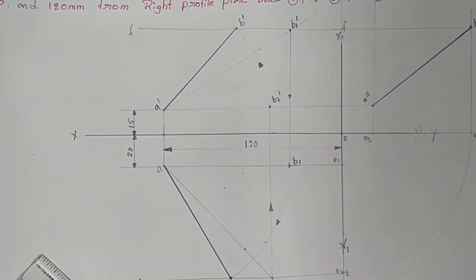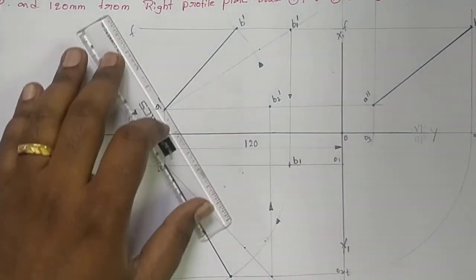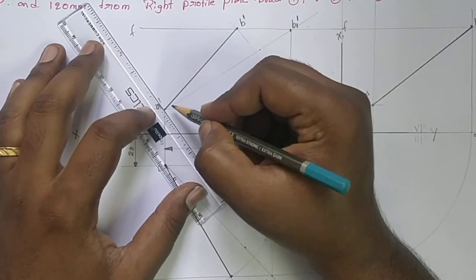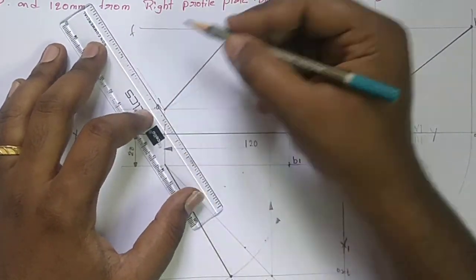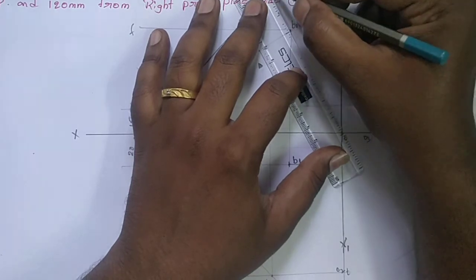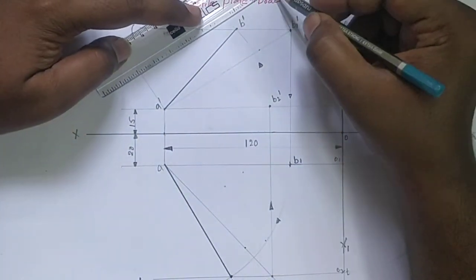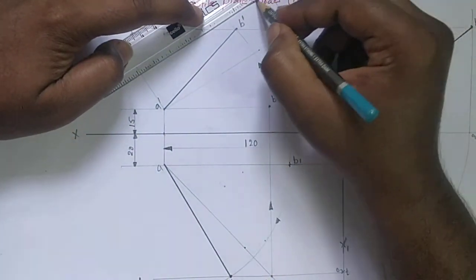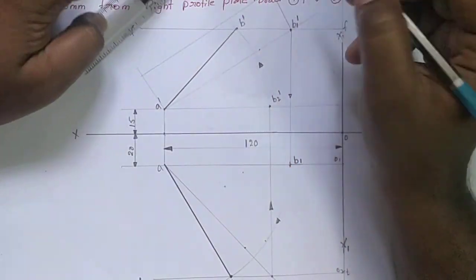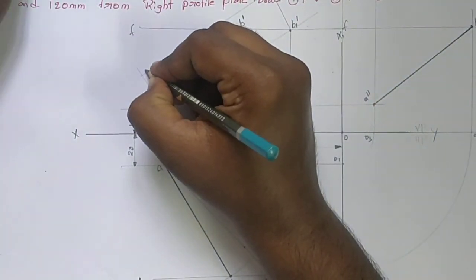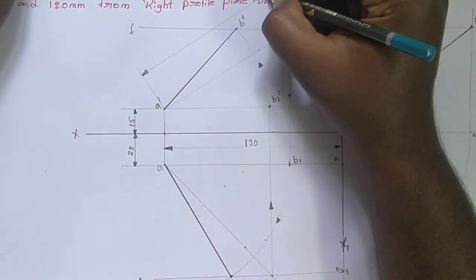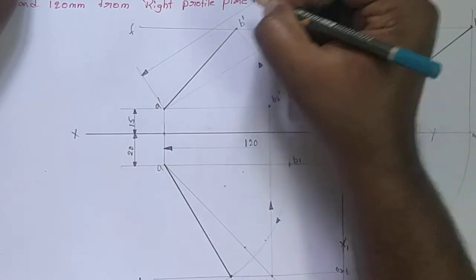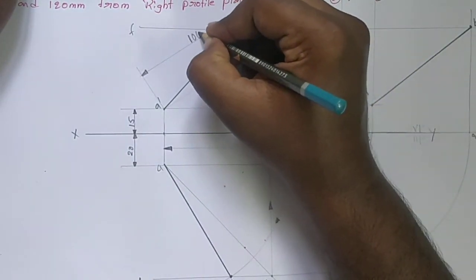Okay, next we need to give the true length of the line AB. It is 100 mm.